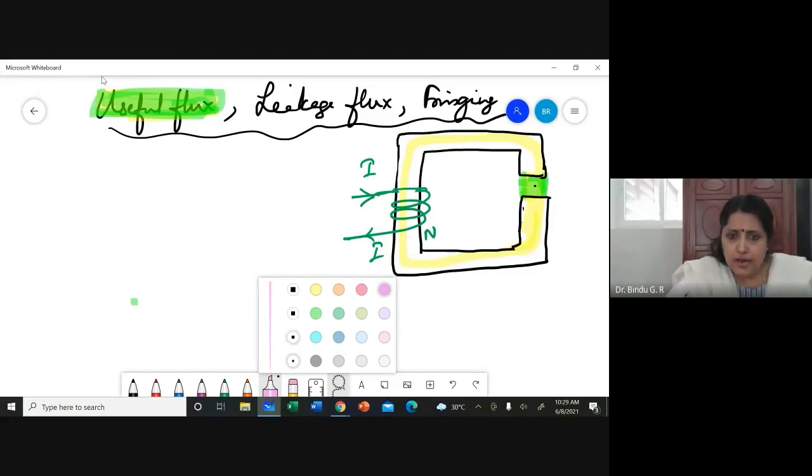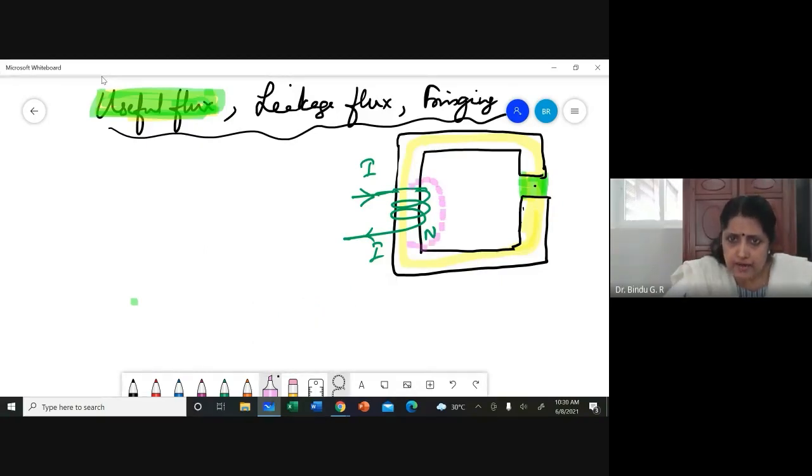So they will go along some path in the air, because flux can pass through air also. This flux is called leakage flux.